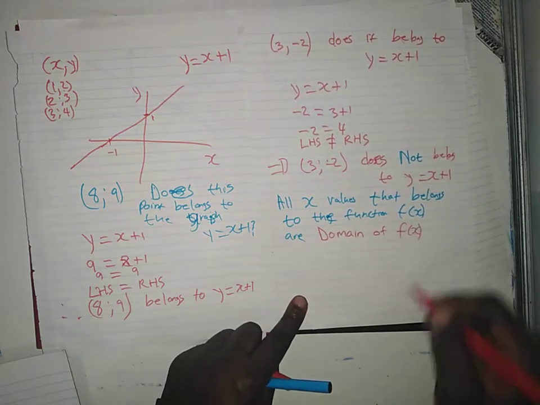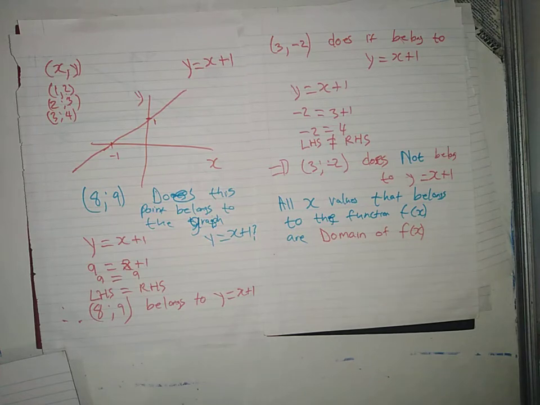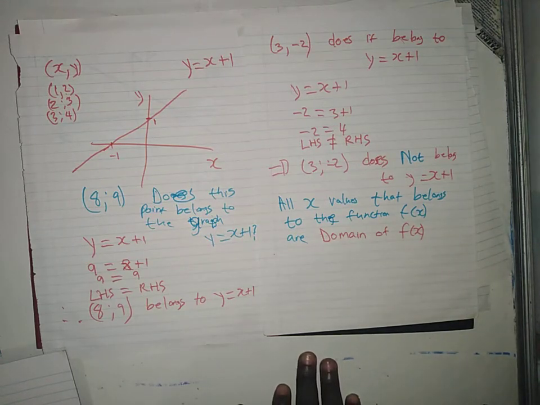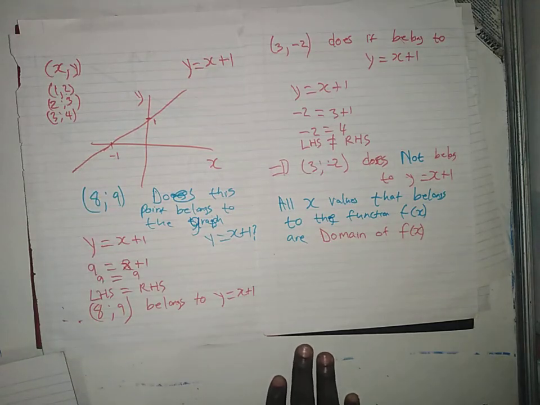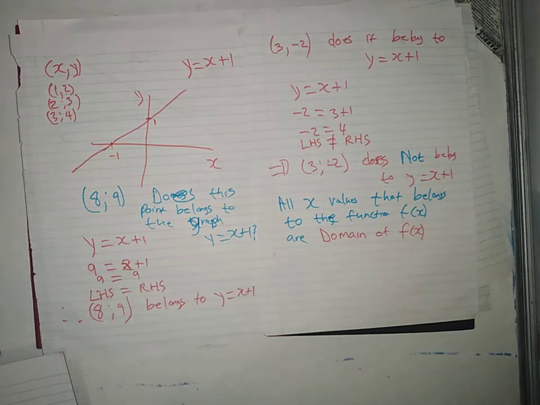So when I'm talking about the domain, what am I talking about? I am talking about all x values that are part of this graph. Okay. Now, what about the range? Now, let me use a different color.